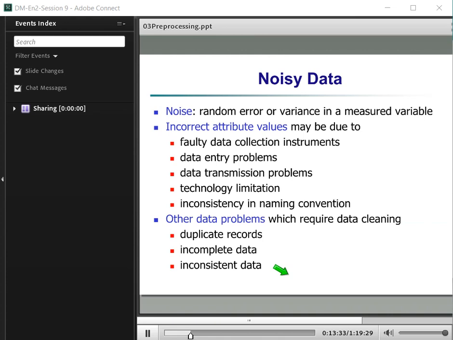For example, when we have duplicate records, in one record we have item X, and in the second record, a duplicated record, we have item X, but its values are not the same as the values in the first record.